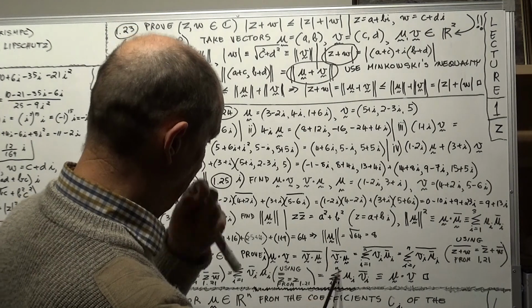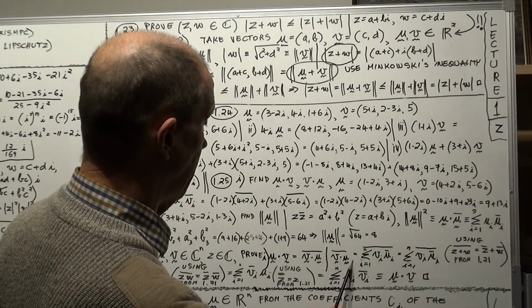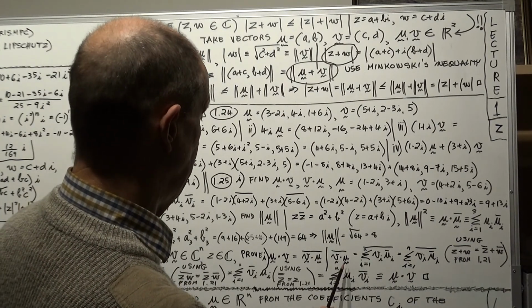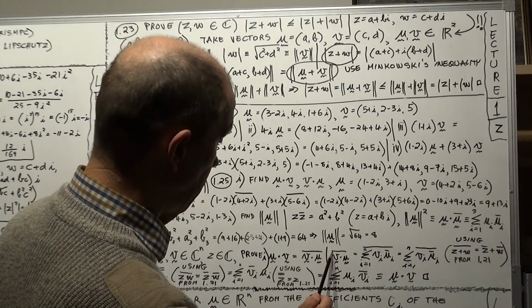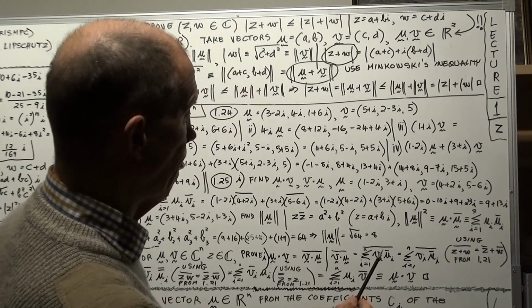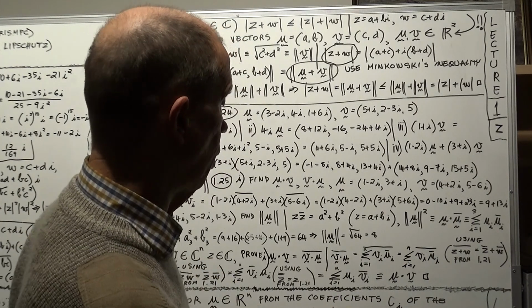Why? I don't know, maybe he found it easier. So let's start with the right-hand side. So here we are with the right-hand side. Now what? We're conjugating this dot product of v dot u. So here's the conjugate, and now what is v dot u by definition?